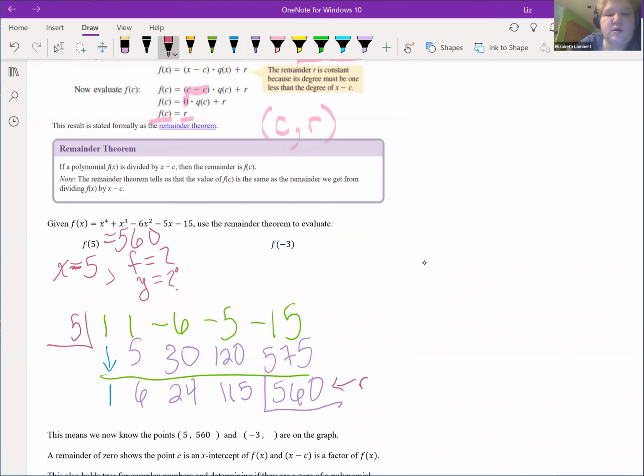So put the -3 here. Copy the coefficients again. 1, 1, -6, -5, -15.